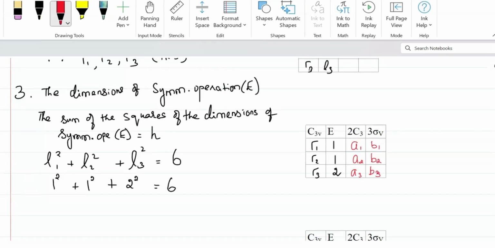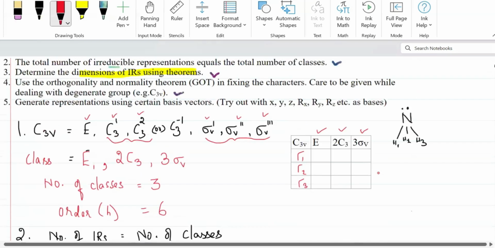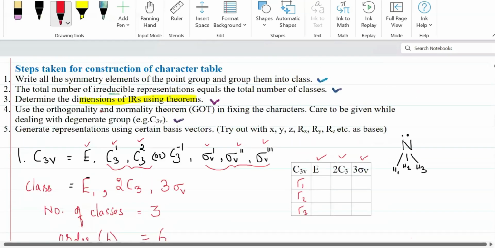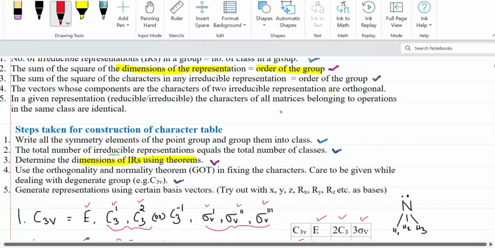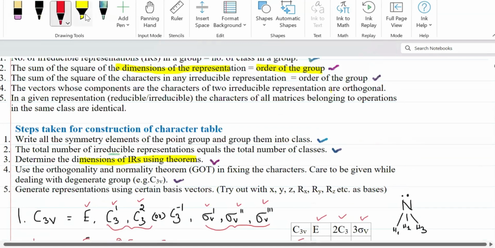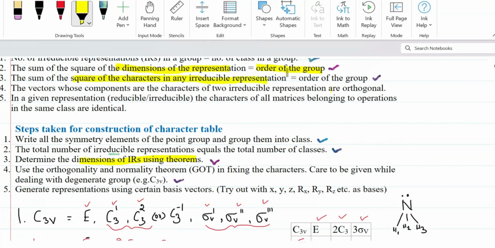So what is the next step? Use the orthogonality theorem in fixing the characters. Otherwise, we could say the sum of the squares of the characters of any irreducible representation again should be equal to the order of the group.